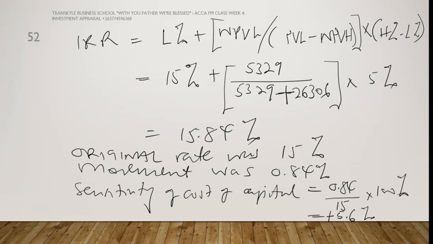Any increase above 5.6% means our NPV is going to be negative.